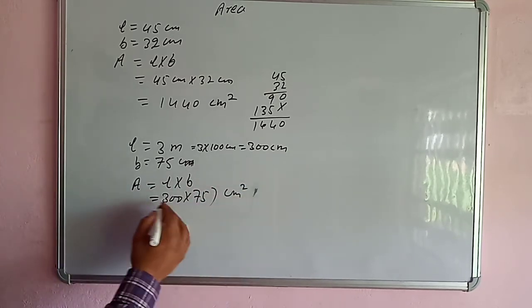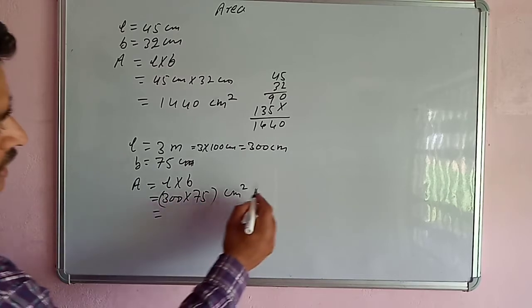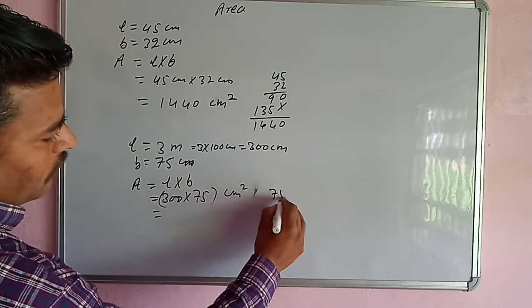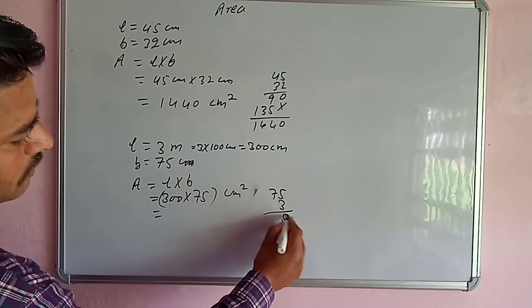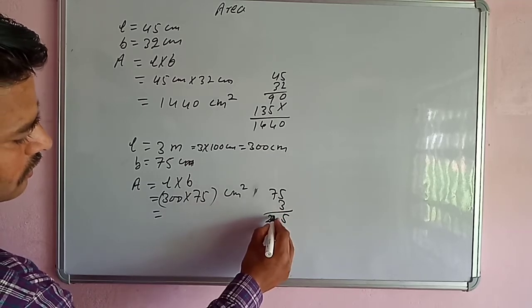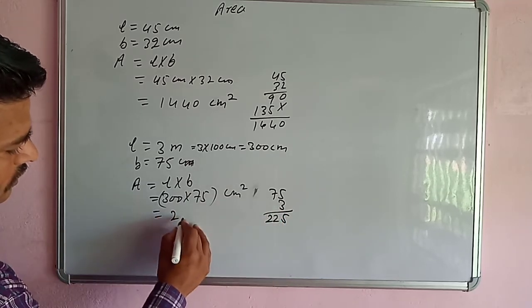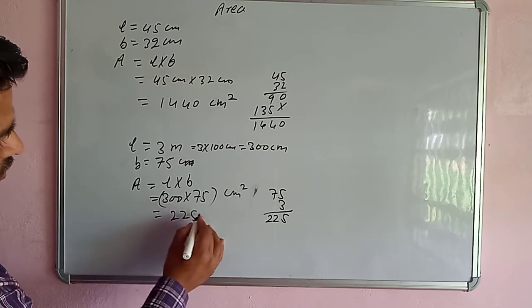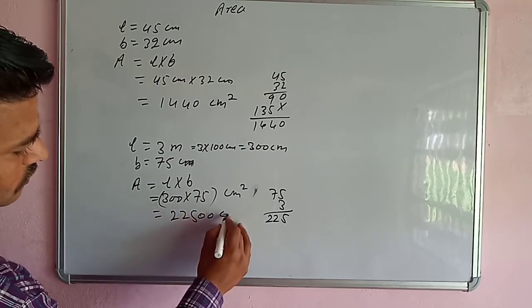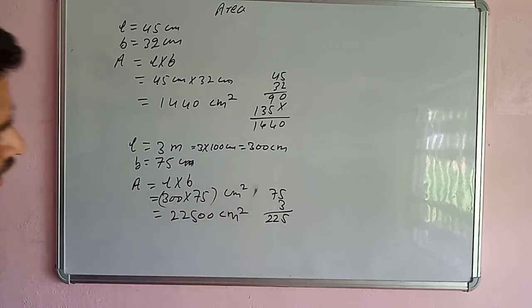So 300 multiply 75. 75 multiply 3: 3 fives are 15, 3 sevens are 21 and 1 is 22. So it is 225 and we place 00 behind it, giving 22500 square centimeter. So that is the area of these dimensions.